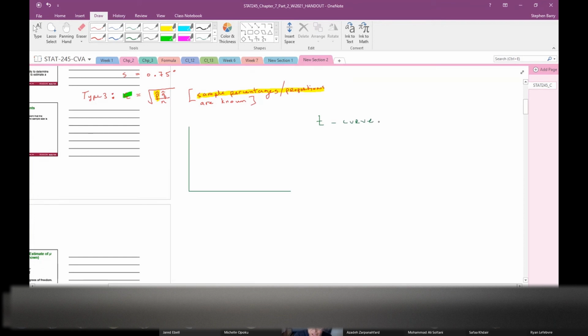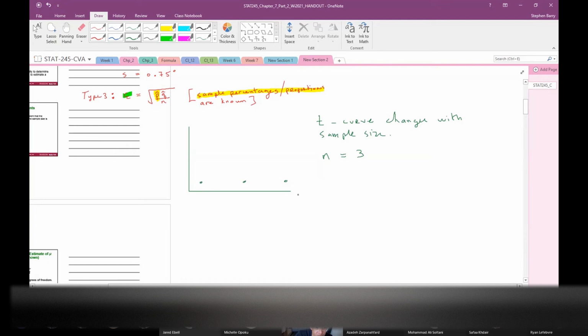The t-score changes. The t-curve changes with your sample size. When you're first optimizing a process, let's say you have a very small sample size, like 3, you're probably just going to get values all over the place, right? It's pretty much going to be a uniform distribution.